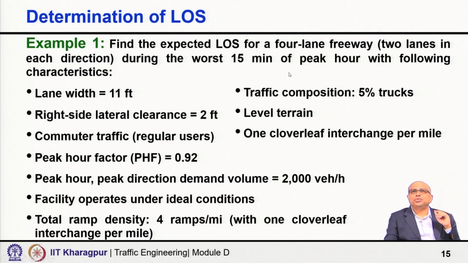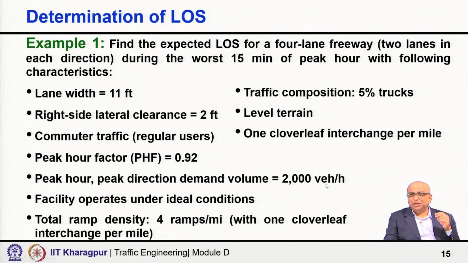During the worst 15 minutes of the peak hour, with the following characteristics: lane width is 11 feet, right side shoulder clearance 2 feet, commuter traffic is regular class, peak hour factor is 0.92, and peak hour peak direction traffic volume, which is going to be critical, that is the demand volume, 2000 vehicles per hour.